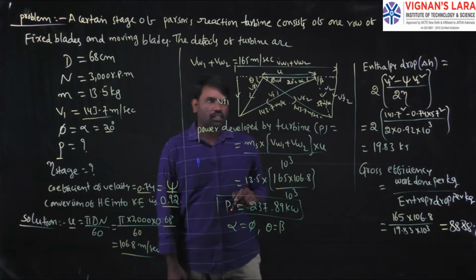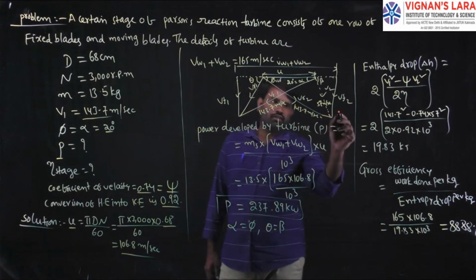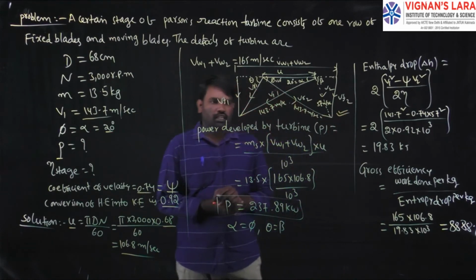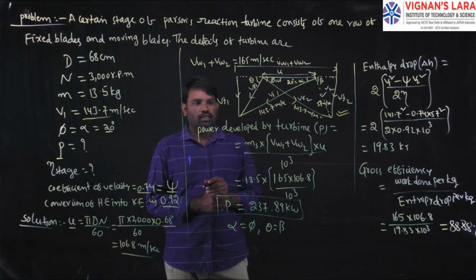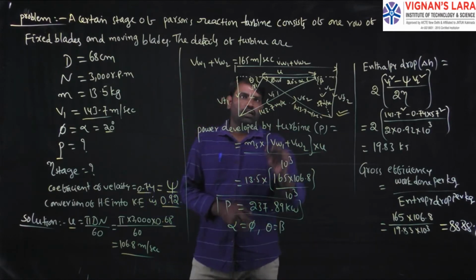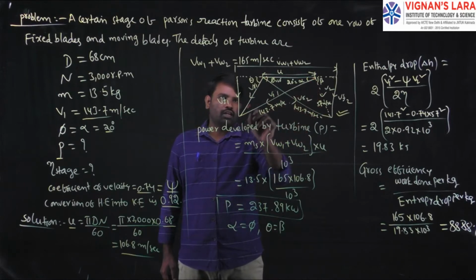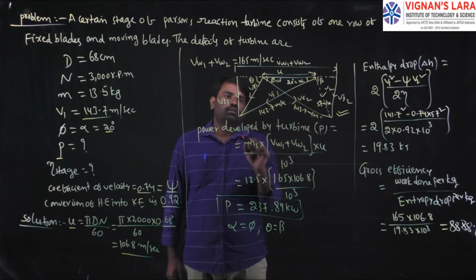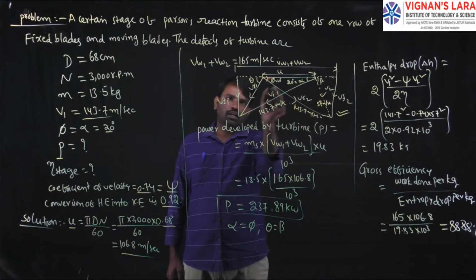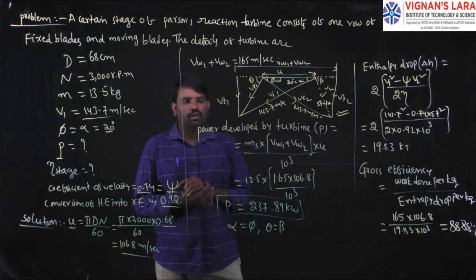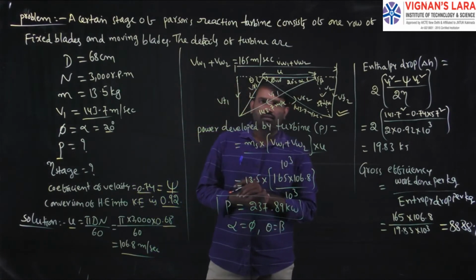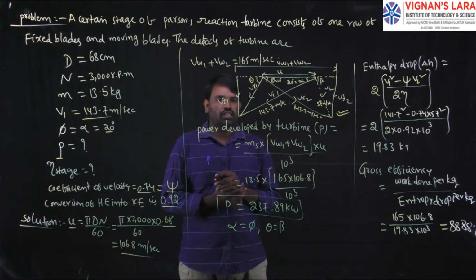You can easily complete the combined velocity triangle by taking a suitable scale, drawing the u line, making the alpha line and phi line, extending these lines up to vertical and extending the u line horizontally. Or by applying trigonometric rules you can calculate the remaining required velocities from the combined velocity triangle.